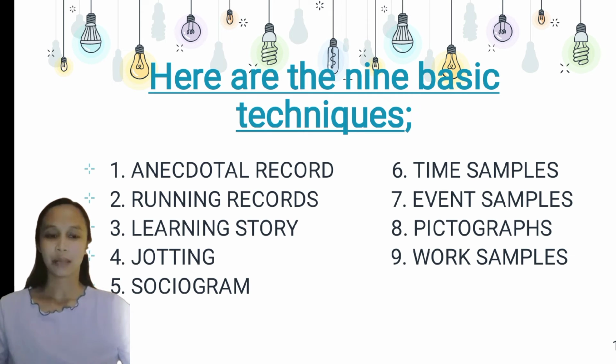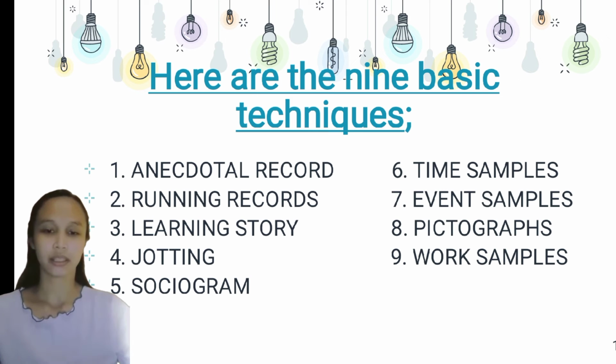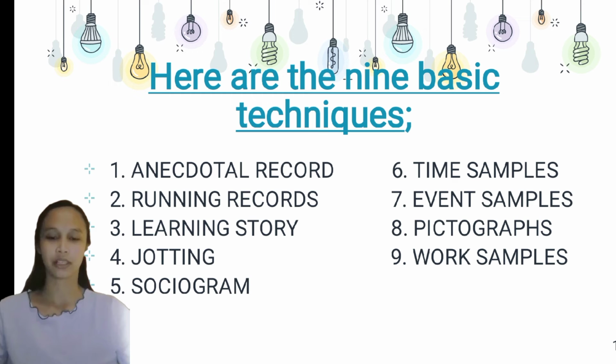Next is event sample. So these are the series of observations of a child's response in a particular situation. Next is pictographs. It is a strong proof of observation since it contains pictures of a child's behavior, or it is a series of pictures of a child.